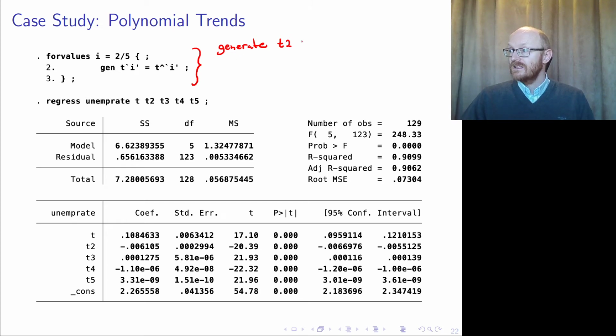We generate a new variable called t2, and the value of t2 equals t to the power of 2.